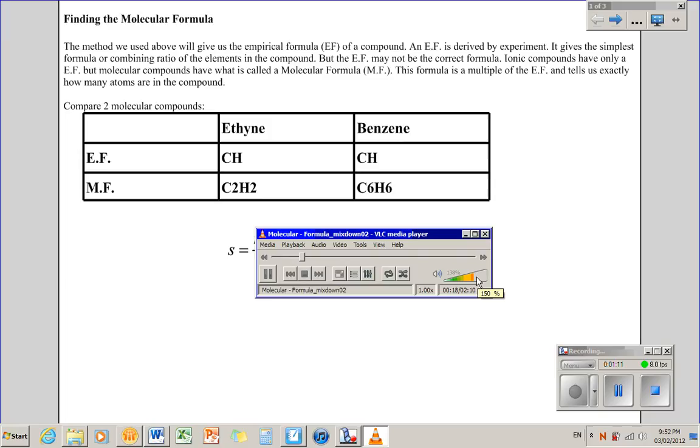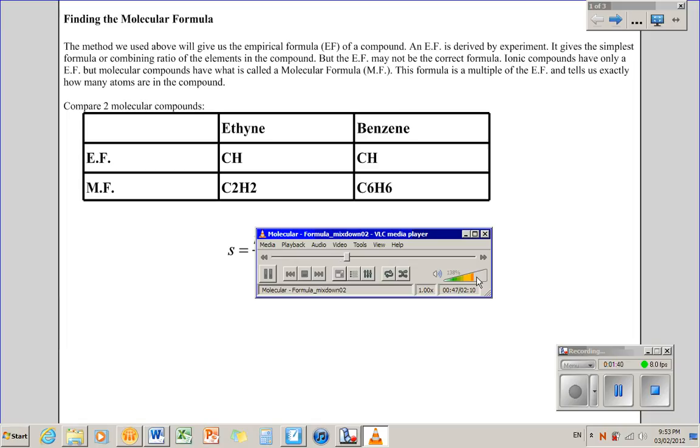Molecular formula shows the number of atoms. To find it, we need the empirical formula. We also need the molar mass.